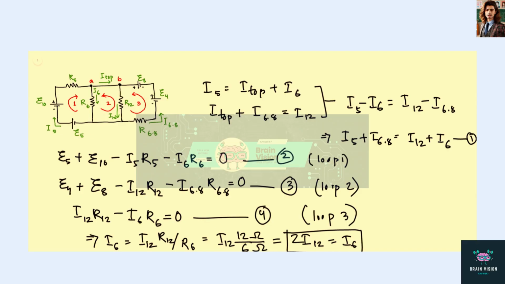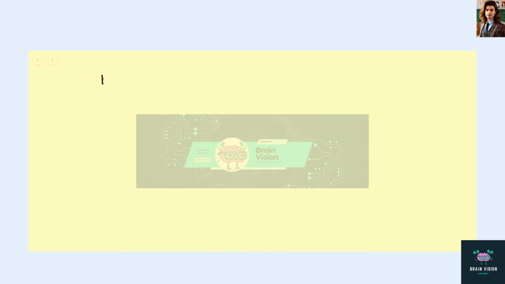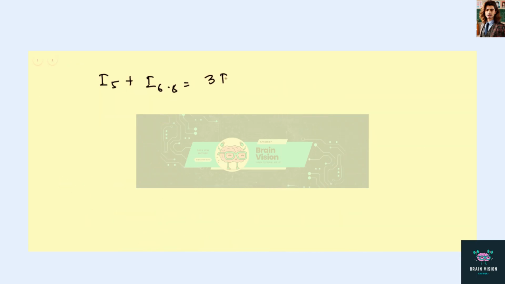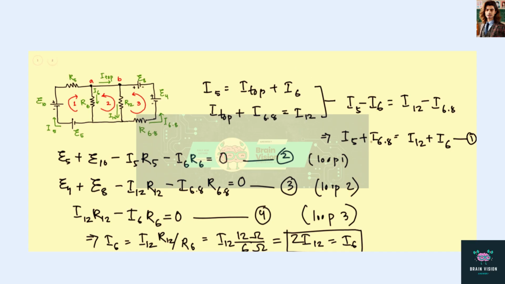So we have I5 plus I6.8 equal to, this is equation 1, so I have added these two, 3I12. So let's call this equation 1 again because these are practically the same.